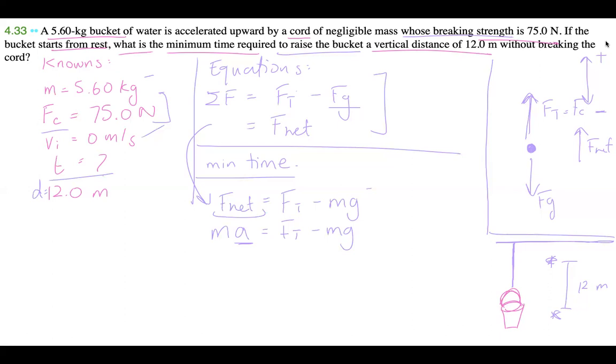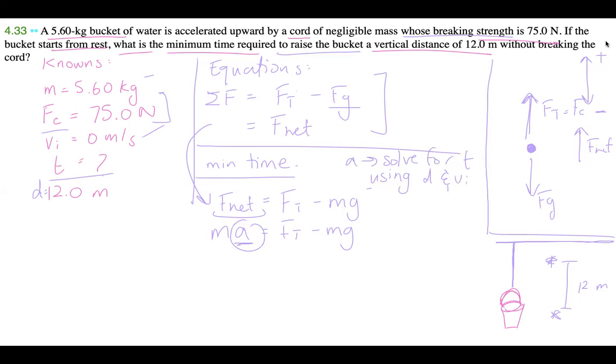So if that's true, then all we really need to do is solve for A, and then we can use A to solve for T using D and VI, right? Because then this just becomes a quick one-dimensional kinematics problem. We can just use one of the 5 kinematic equations and we can solve for T.